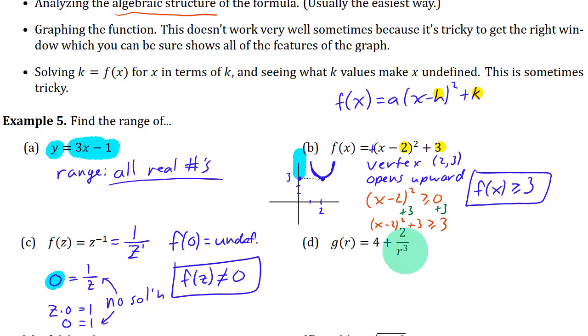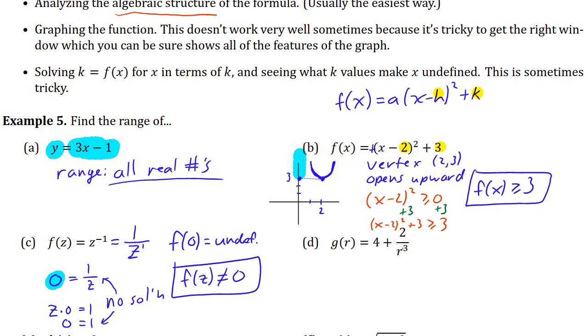How about this one? So this g of r is a little bit more complicated looking, but it's a similar idea. So the 2 over r cubed, if we're going to analyze the algebraic structure of this, 2 over r cubed can be anything other than 0. r cubed can be positive or negative depending on if r is positive or negative. But you're never going to get 0 from this part.